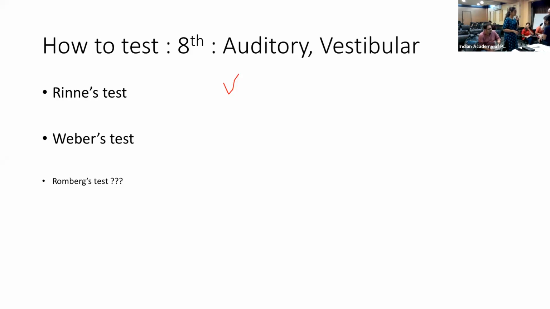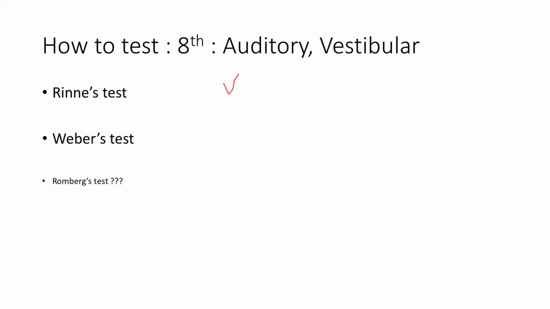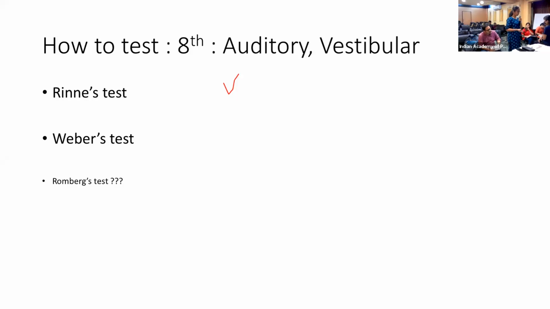Doing the Rinne's test, the principle is that air conduction is better than bone conduction. So we'll take the tuning fork, preferably 512 hertz. We hit it on the rubber pad so that it starts vibrating. First we'll put the vibrating tuning fork on the bony prominence behind the ear of the child. First, you make her hear what it sounds like.